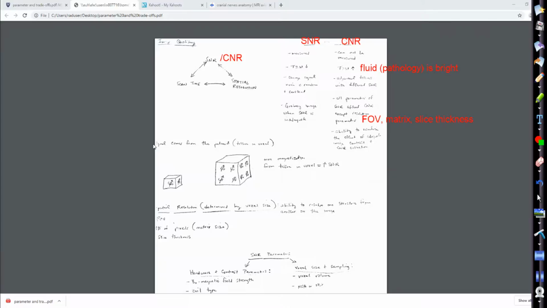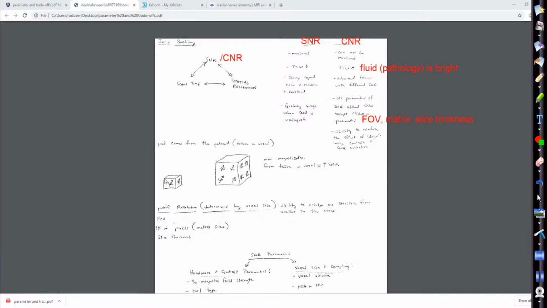Compared to structures like cortical bone and lungs, those areas do not have as many hydrogen spins, so you're not going to get as much signal from those areas. So sometimes you have to increase your voxel size to incorporate more of those hydrogen spins. So signal really depends on the size of your voxel and the tissue you're scanning.